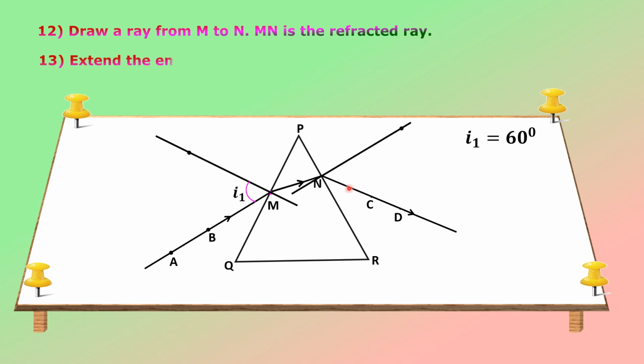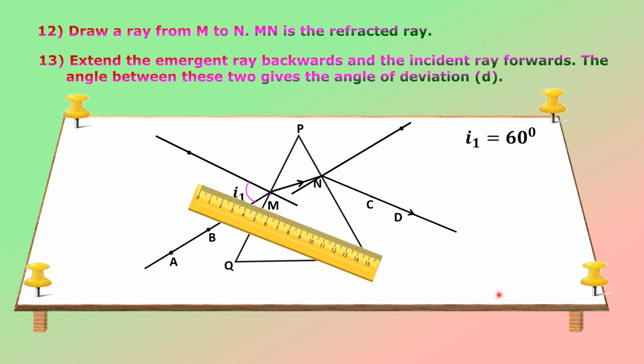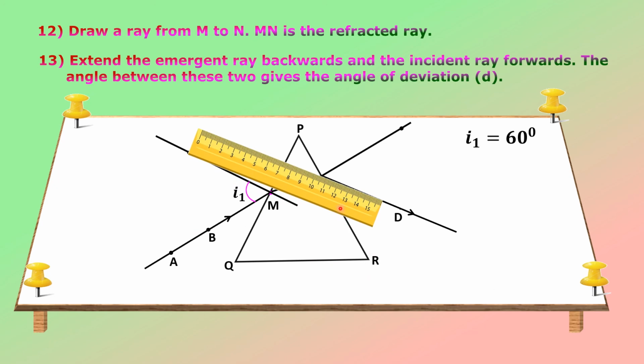And we have to extend the emergent ray backwards and the incident ray forwards. The angle between these two rays, these two extensions otherwise, gives the angle of deviation. Here is one extension.